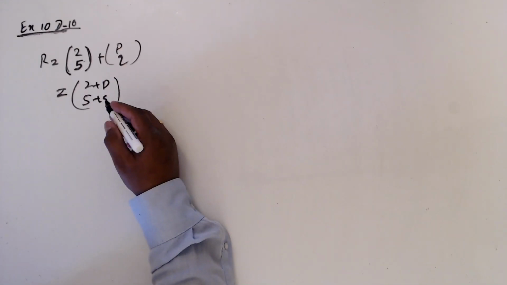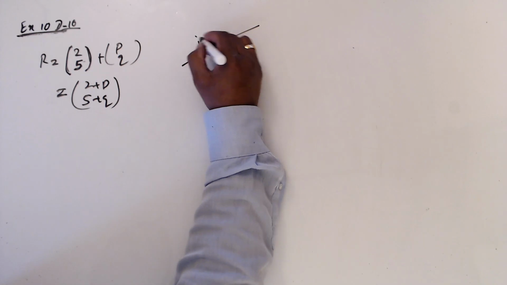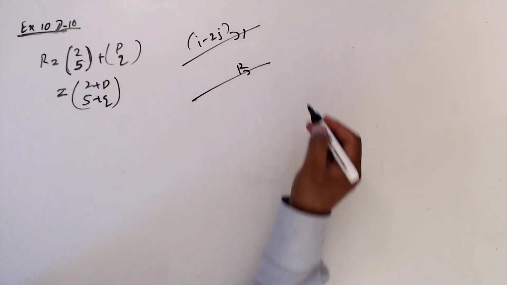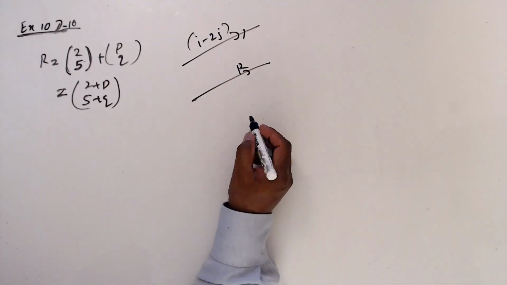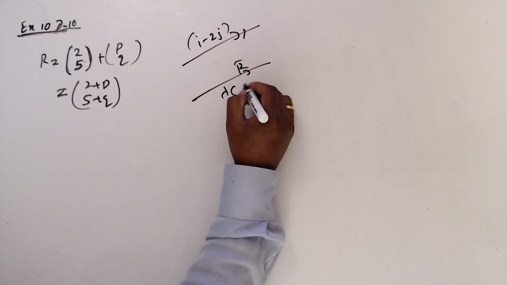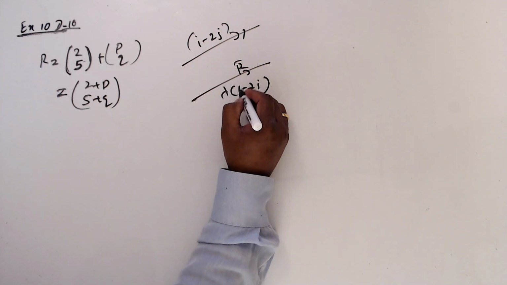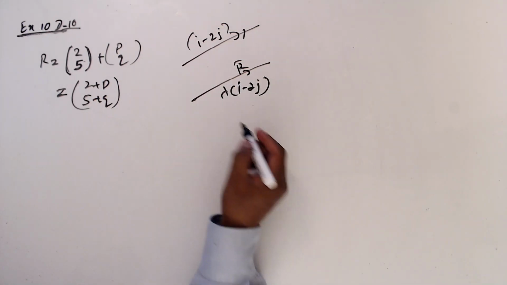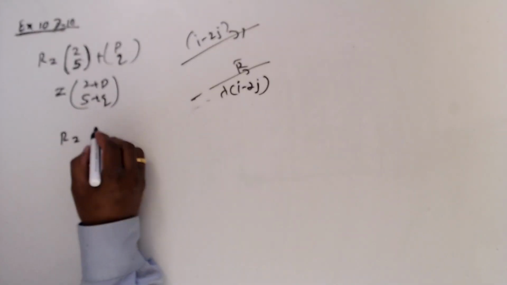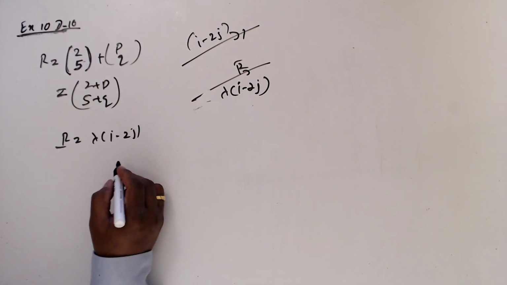R is parallel to the vector i minus 2j given, so we can express R as lambda times i minus 2j. So R equals lambda times i minus 2j, this is vector R.